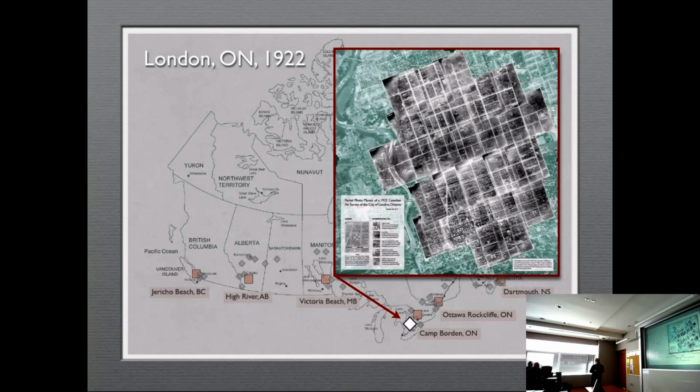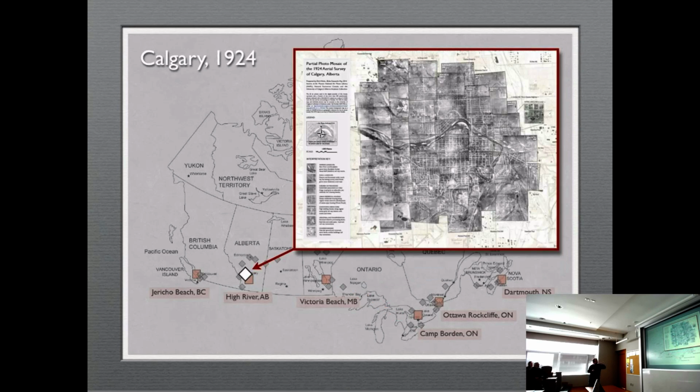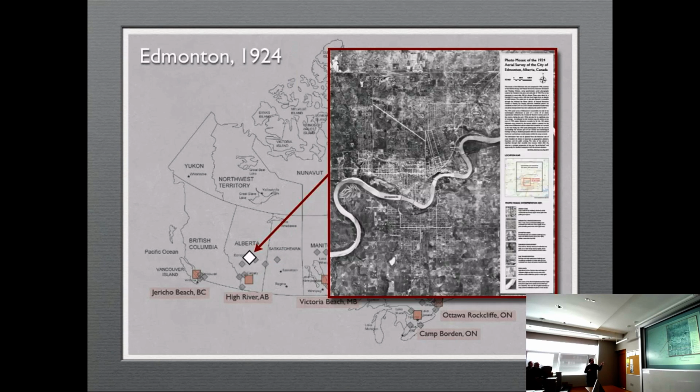There are other cities that were covered by aerial photography in those early days. I made a mosaic of the photography from London, Ontario, another one from Calgary. There is an existing one from Edmonton. They are wonderful, wonderful resources for early aerial photography of our country.